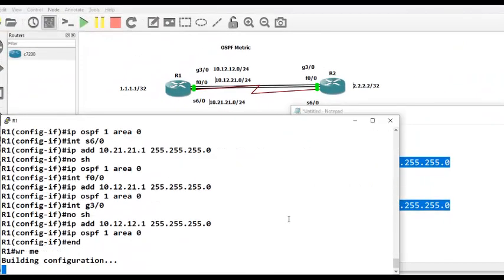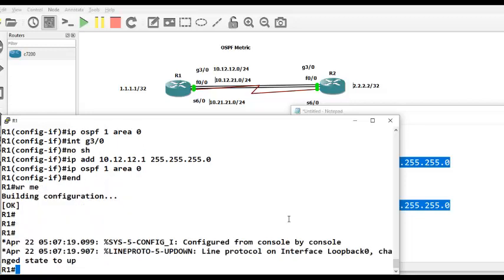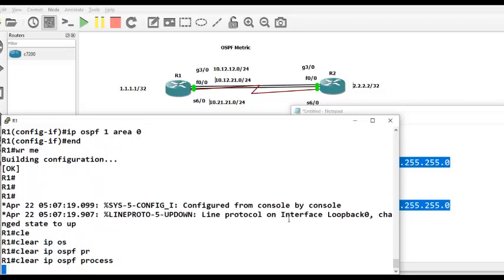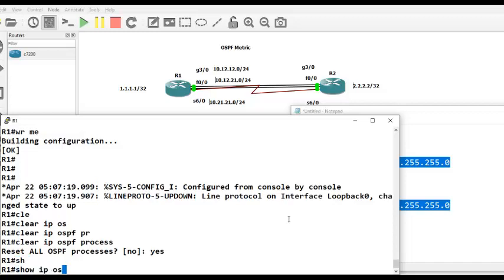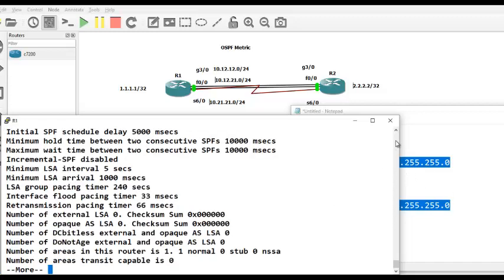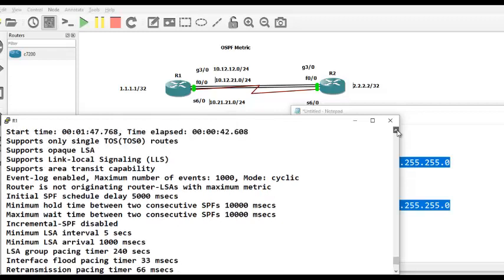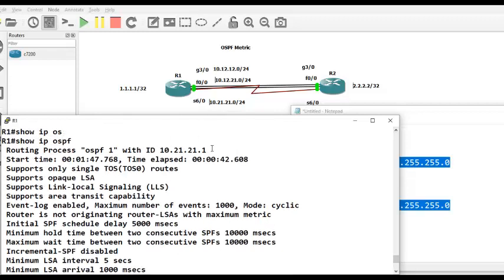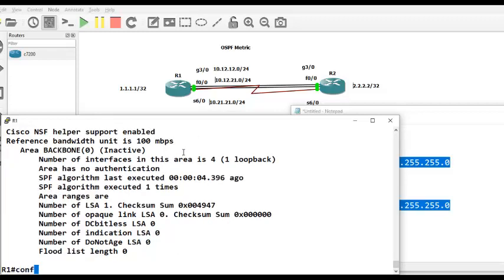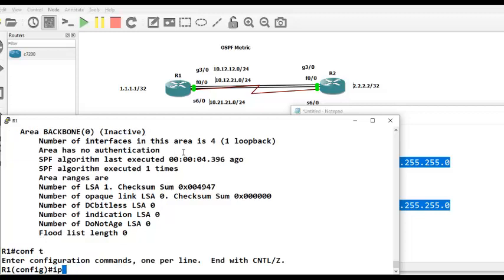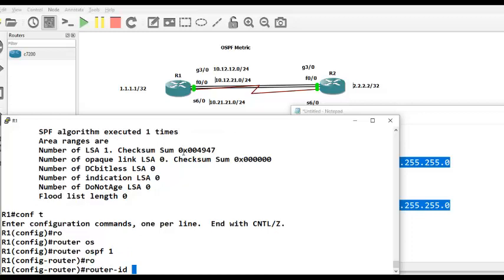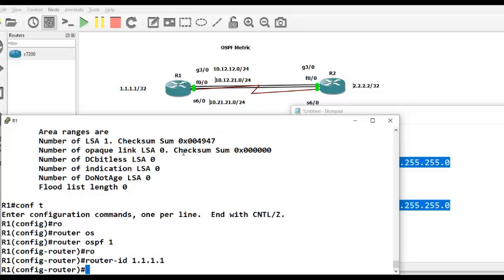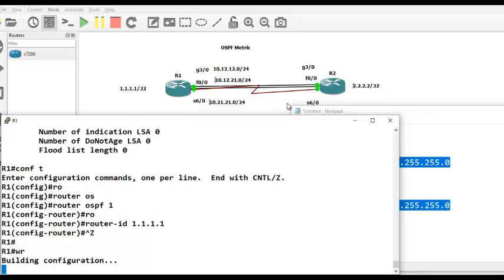Then I'm going to clear the OSPF, clear IP OSPF process. The reason is I want the router ID to be 1.1.1.1. Okay, show IP OSPF. I should see the router ID. No, so let us go and manually change it. IP router OSPF 1, router ID 1.1.1.1.